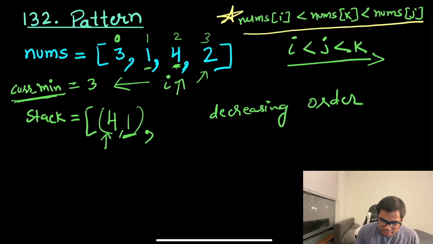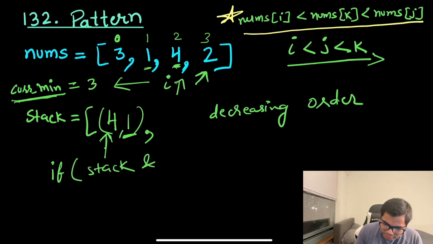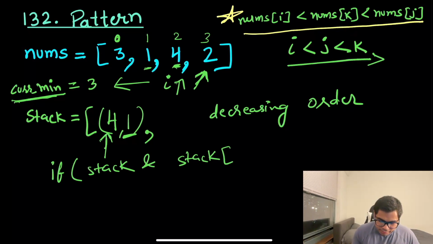But remember, if we can't pop anything out, we will put this value, but before that I want to have an if condition. What is that if condition? After I am at this position, this is my current number 2, I want to check if there is some value in the stack, and that the stack top, which came before this value at the jth index, is actually greater than my n.